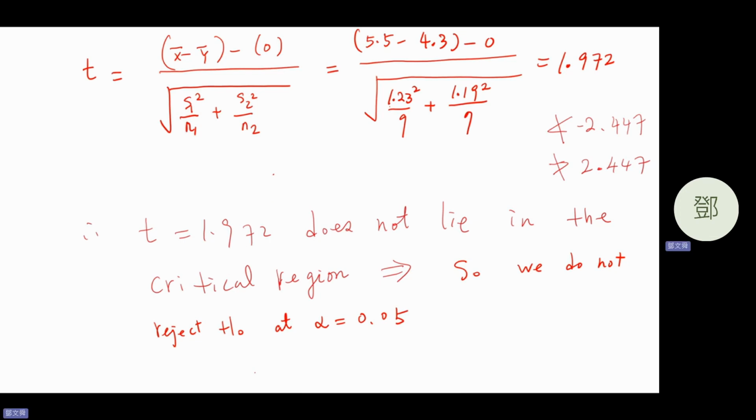None of these two inequalities hold, so the t value does not lie in the critical region. We do not reject the null hypothesis at the level of 0.05.